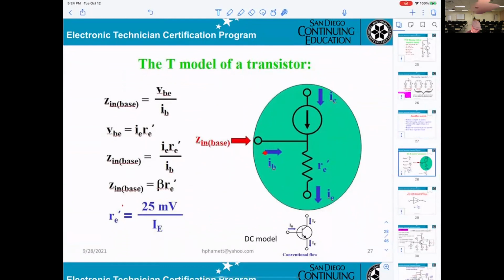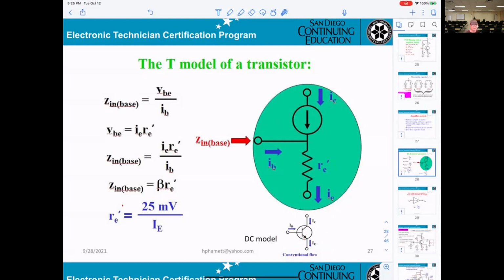The current IB goes in here, current IC goes down, and IE will be leaving. However, the difference is the DC symbol for the transistor versus the AC one. And you can see between the base and emitter, you get a diode here.